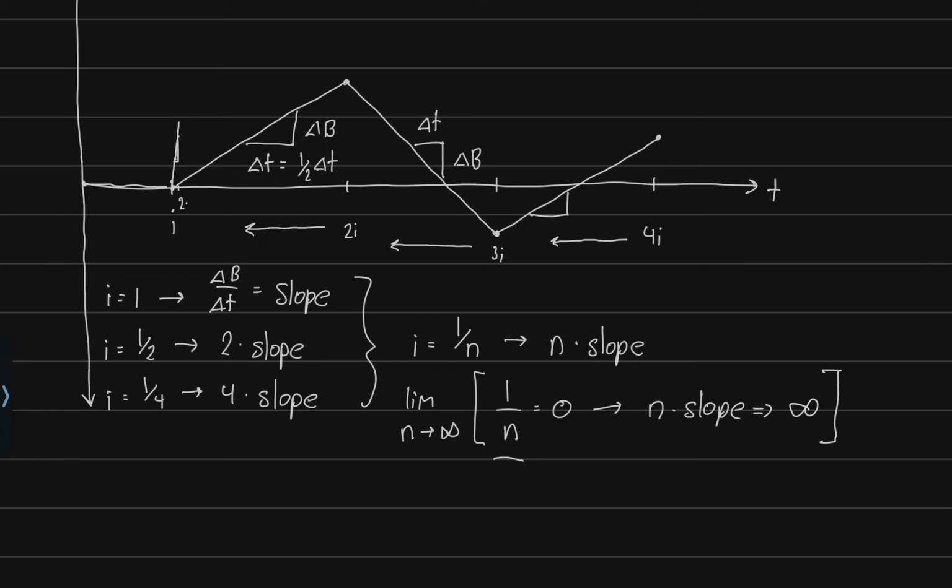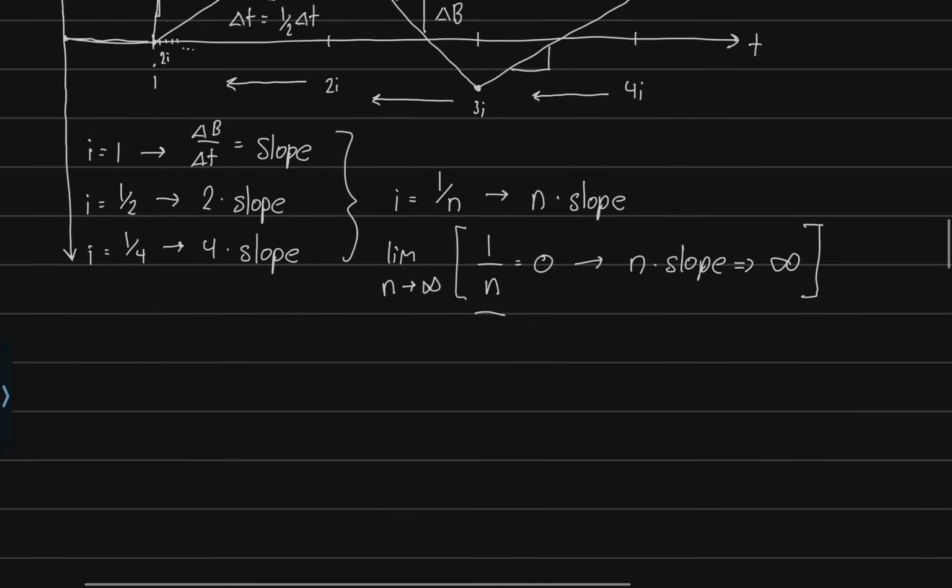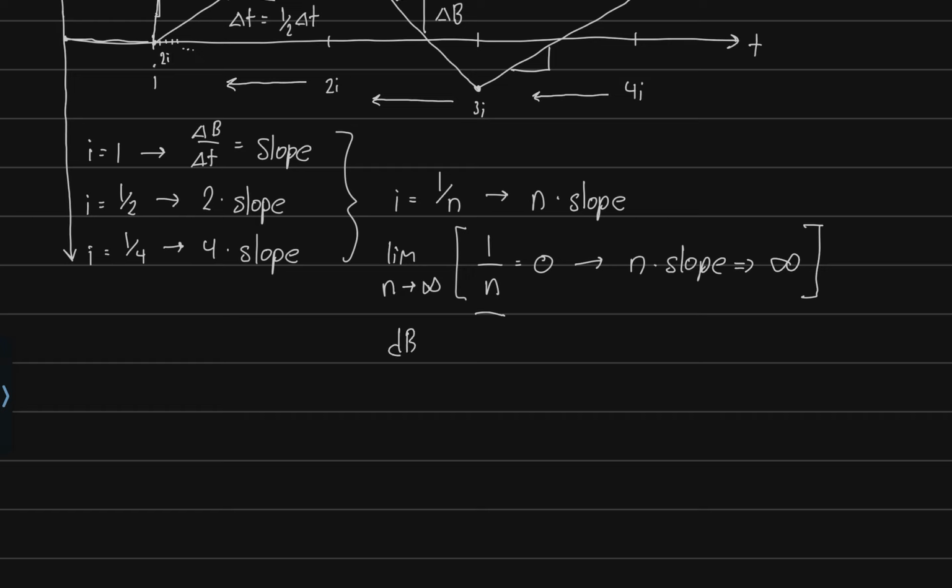So let's say this is our 2I, and 3I, 4I, 5I, so on and so forth, right? So this is what happens when we take n to infinity. So this implies that our dB/dt does not exist.